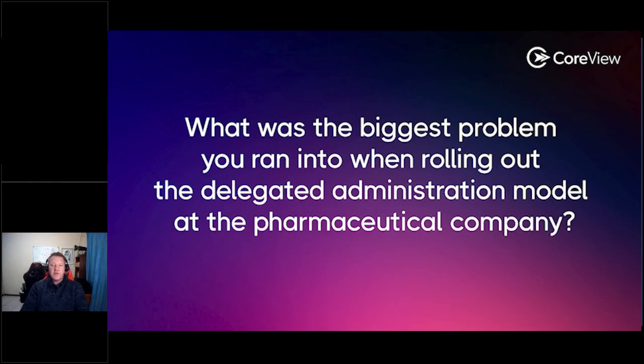So if you can even use this to manage an environment that's not super tidy. Okay, it's been tidied up after a while now, but that was the biggest problem, is how to split the, we call it virtual tenants in CoreView, how to split it up and being able to manage it.